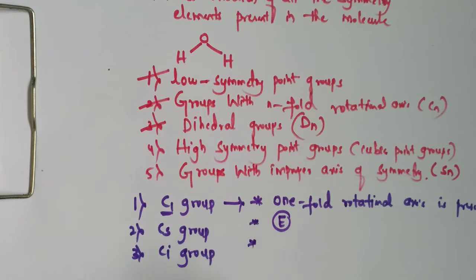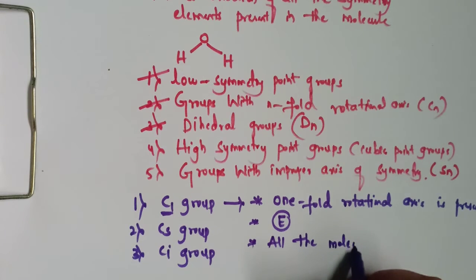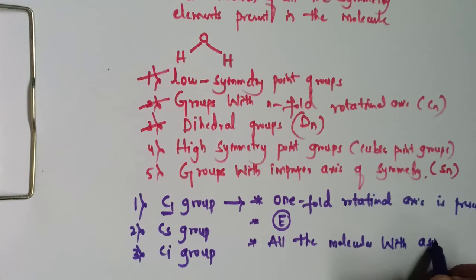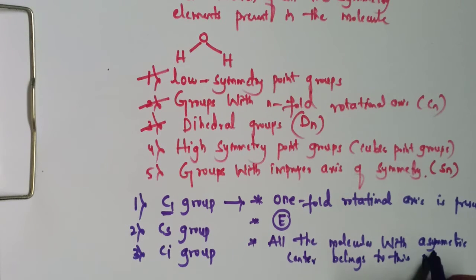And the third one is that all the irregular molecules, that is all the molecules with an asymmetric center, belong to this point group.